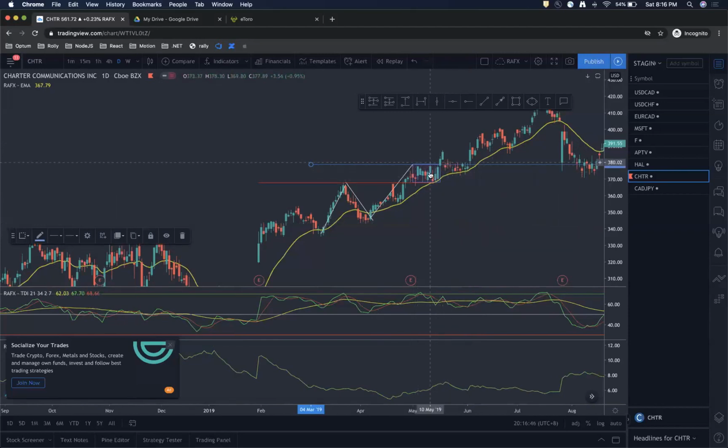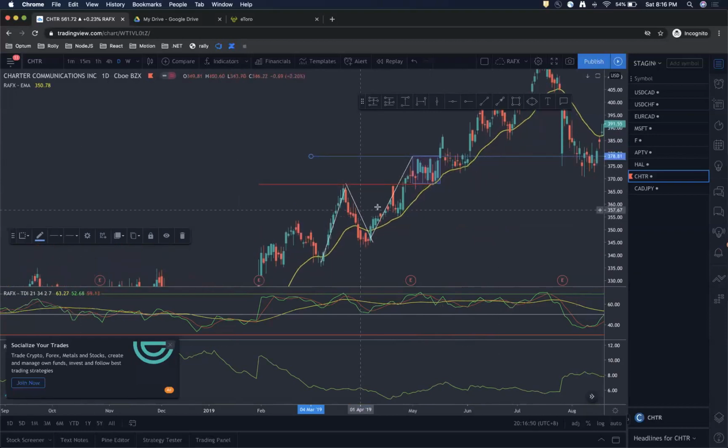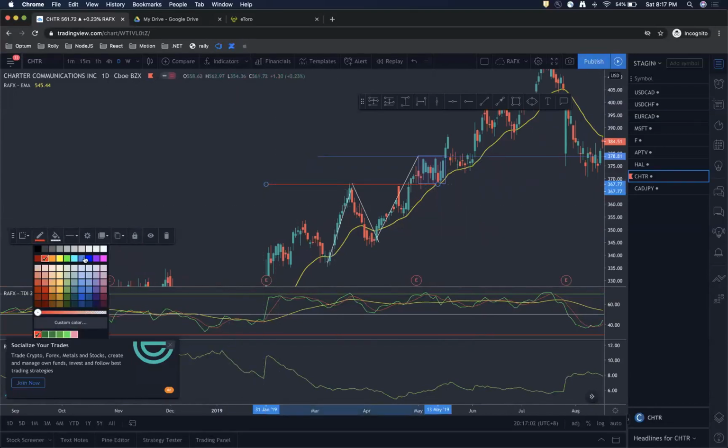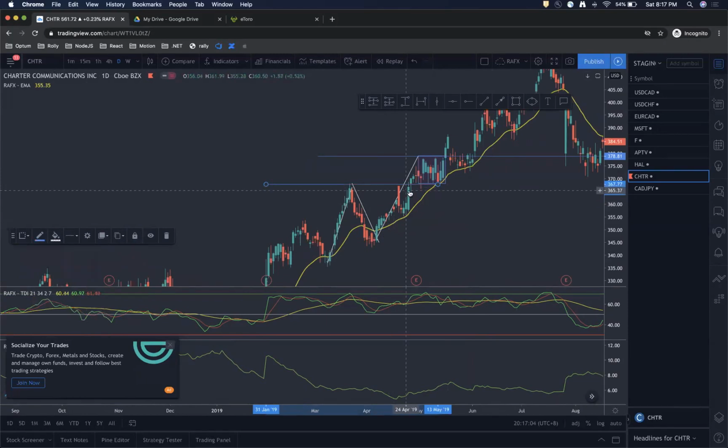Naglagay ako ng box. So pwede rin ang resistance or ang consolidation is here, dito in this area. So pwedeng yan na part or pwedeng dito, kung hindi pa siya nagbe-break diyan, it can consolidate somewhere here.